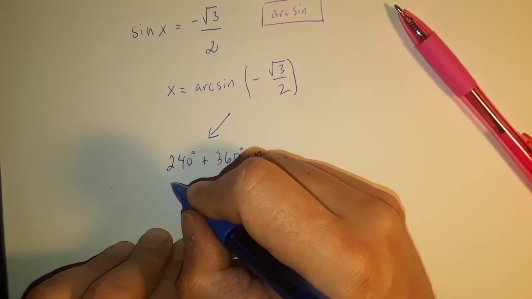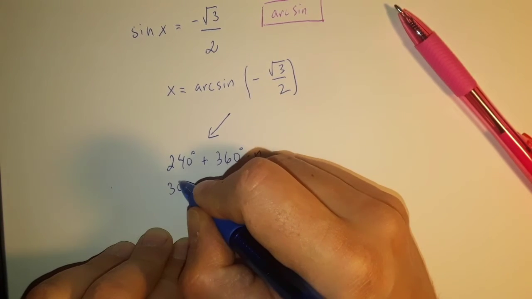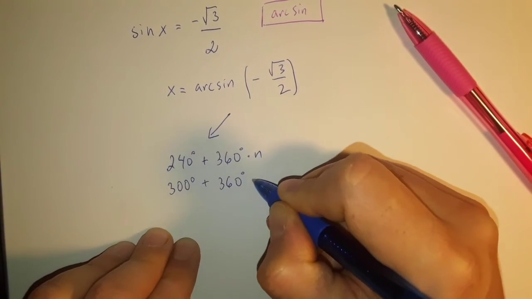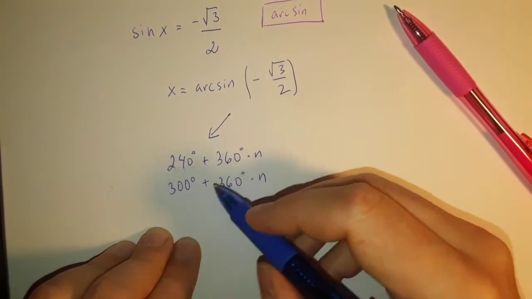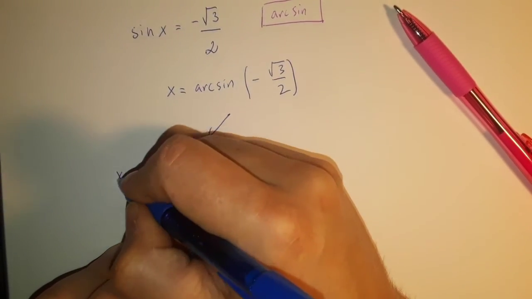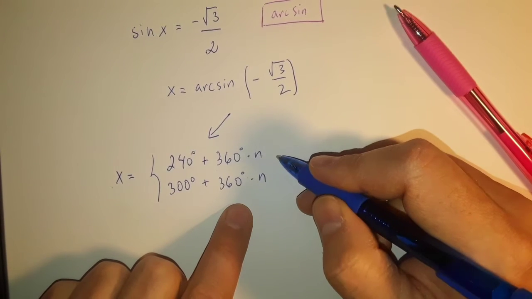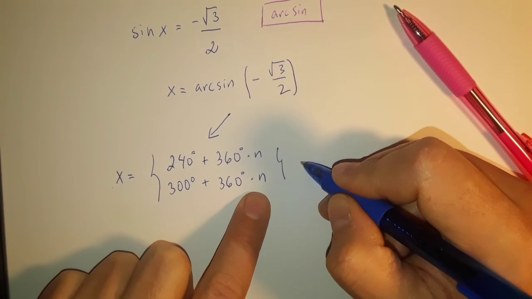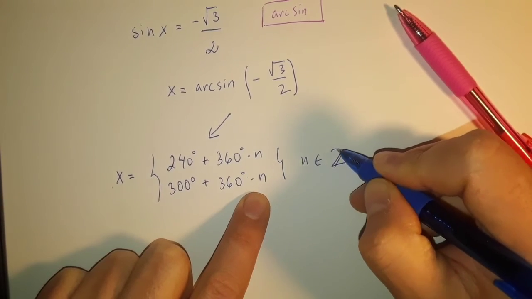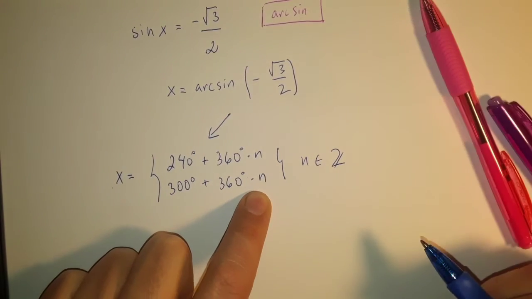Or, as we said, the other answer was 300 plus 360 times n. It repeats every 360. So we have two answers for x, right? And this n means that n belongs to the integers. So it can be negative 2, negative 1, 0, 1, 2, 3. It goes forever, right?